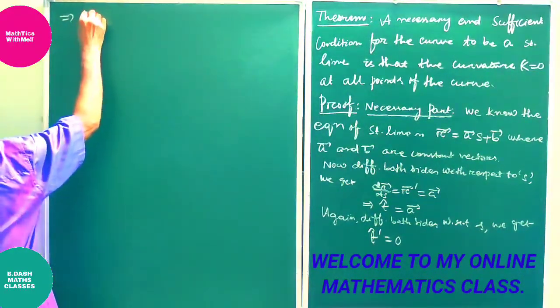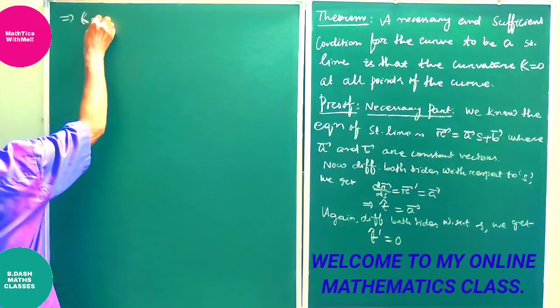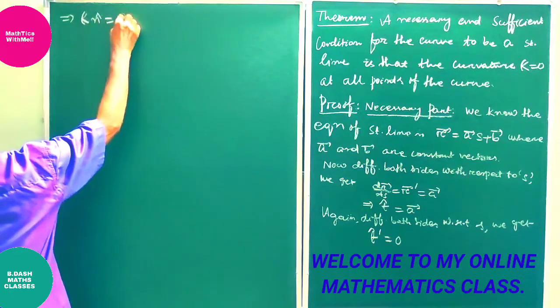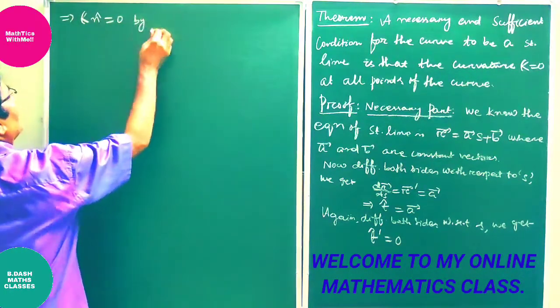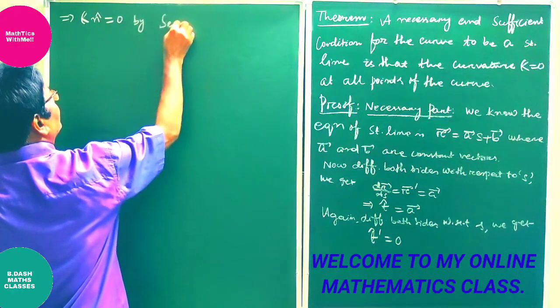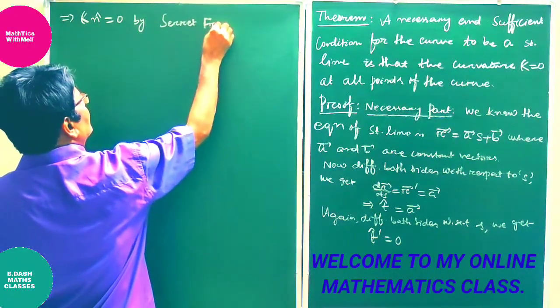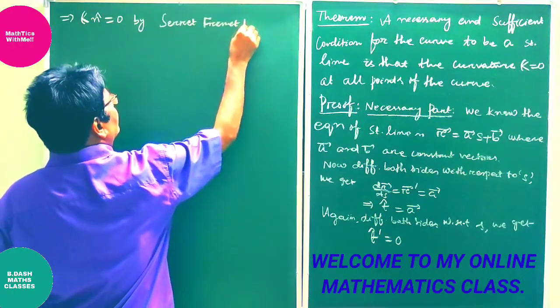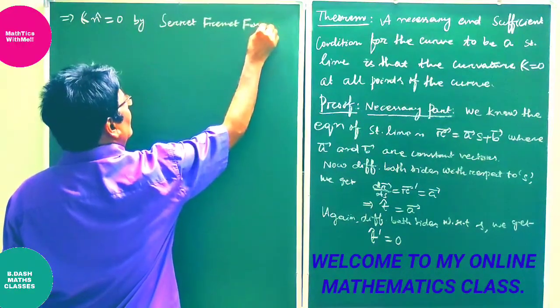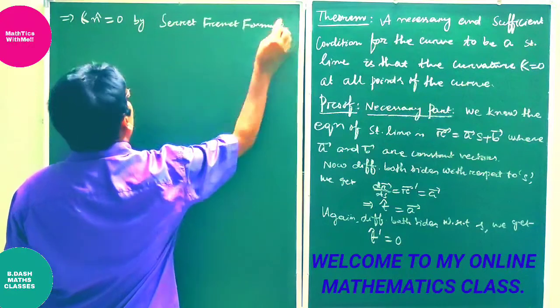This implies kappa N is equal to 0 by the Serret-Frenet formula.